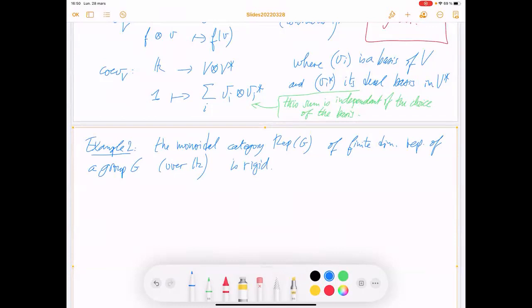You just need to take V star, the evaluation and co-evaluation maps as for Vec.